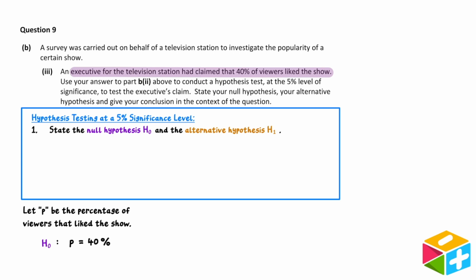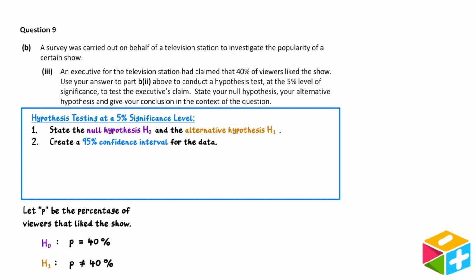The alternative hypothesis, H1, will involve inequality and usually corresponds to the claim not being true. Here, the alternative hypothesis, H1, is that P is not equal to 40%. The second step in our procedure is to create a 95% confidence interval for the data.